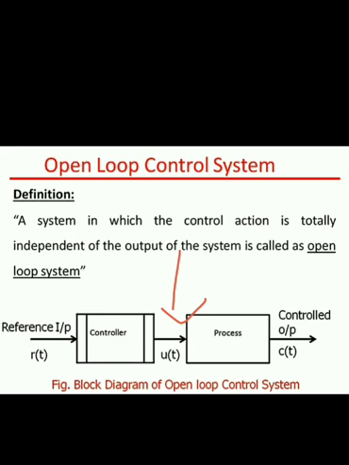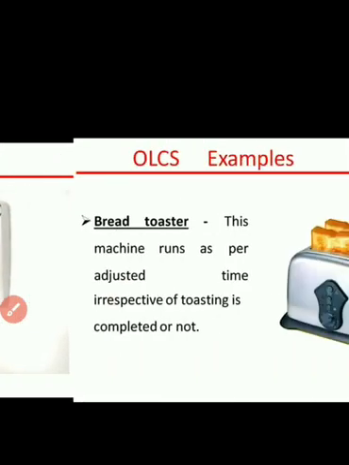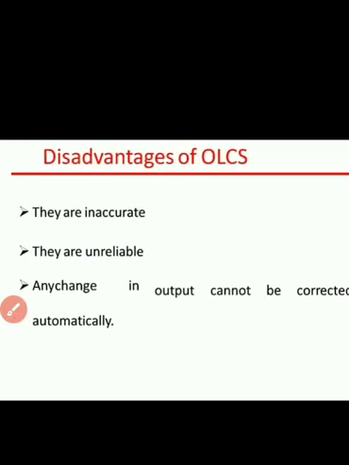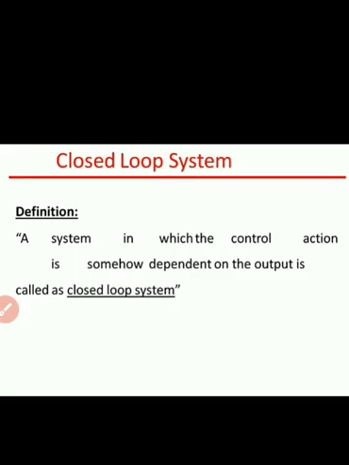We cannot reduce the noise because there is no feedback. So we can't reduce the noise. So we can say that open loop control systems are inaccurate and unreliable.